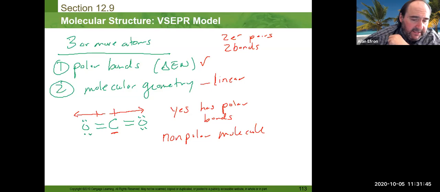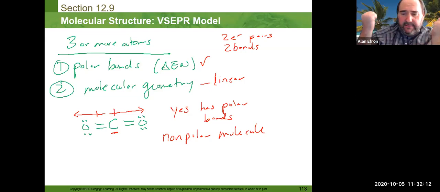And that's because these bond dipoles are vectors, and vectors have direction and magnitude. I fell asleep in physics, but I woke up long enough to remember that in certain cases, they will add to each other. In other cases, they will basically subtract from each other, or cancel each other out when they go in equal and opposite directions, or head right at each other.